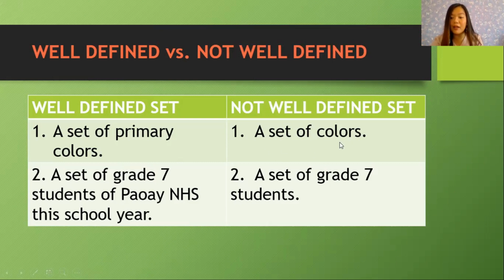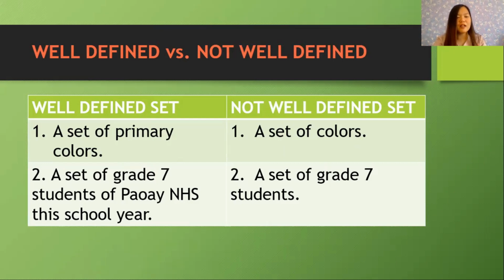Ang daming kulay, ang daming shade. We do not know. Ang dami-dami. So, pag nag-change ka na lang ng kulay sa isang font, ang dami ng shade. So, how about pag sinabi mo a set of colors, can you define them all? Hindi, di ba? So, it is not a well-defined set.